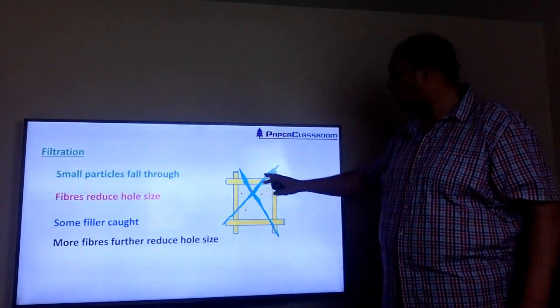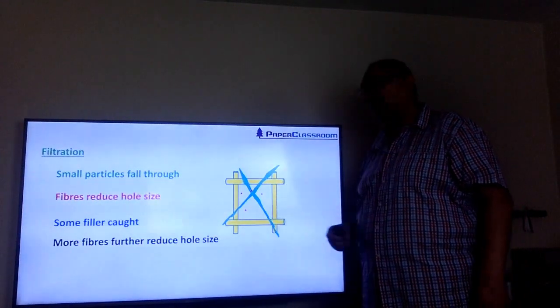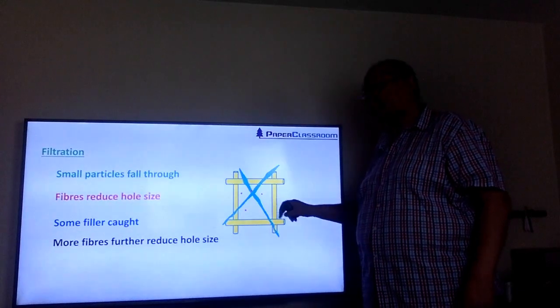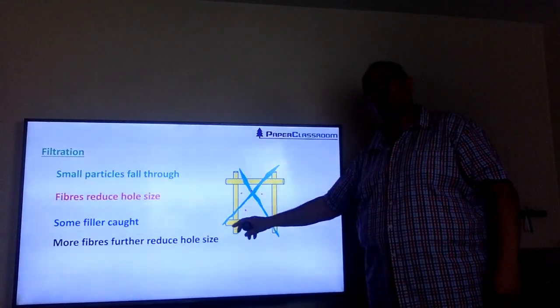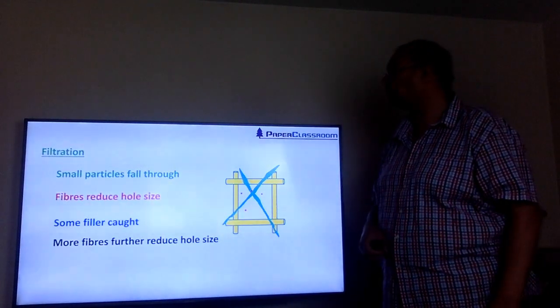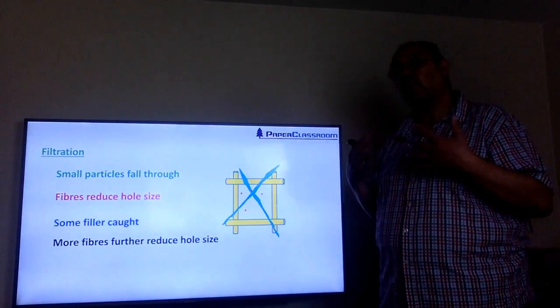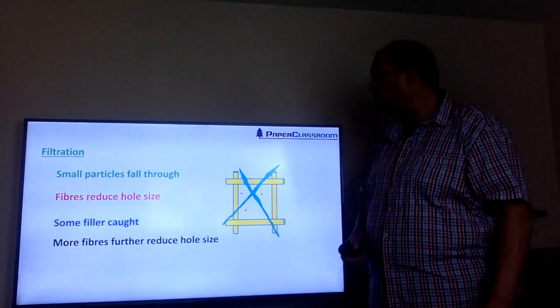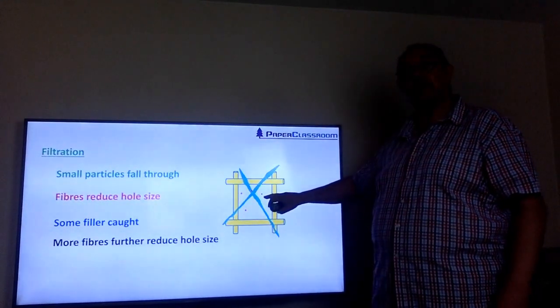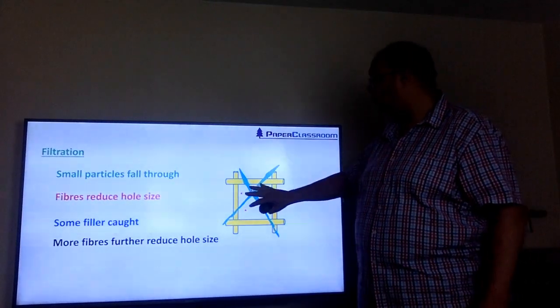So here we've got one frame of the forming fabric. The yellow represents the forming fabric, this here represents a couple of fibres, and the red dots represent filler particles. So when the sheet is first beginning to form, as you can see, this frame is quite large compared to the filler particles, so they will just fall through.